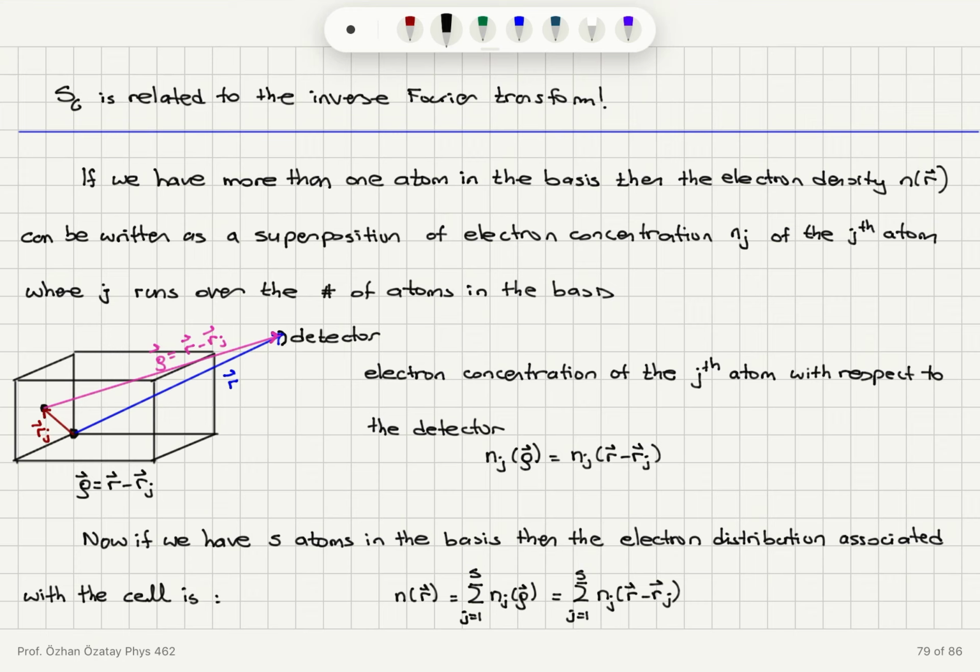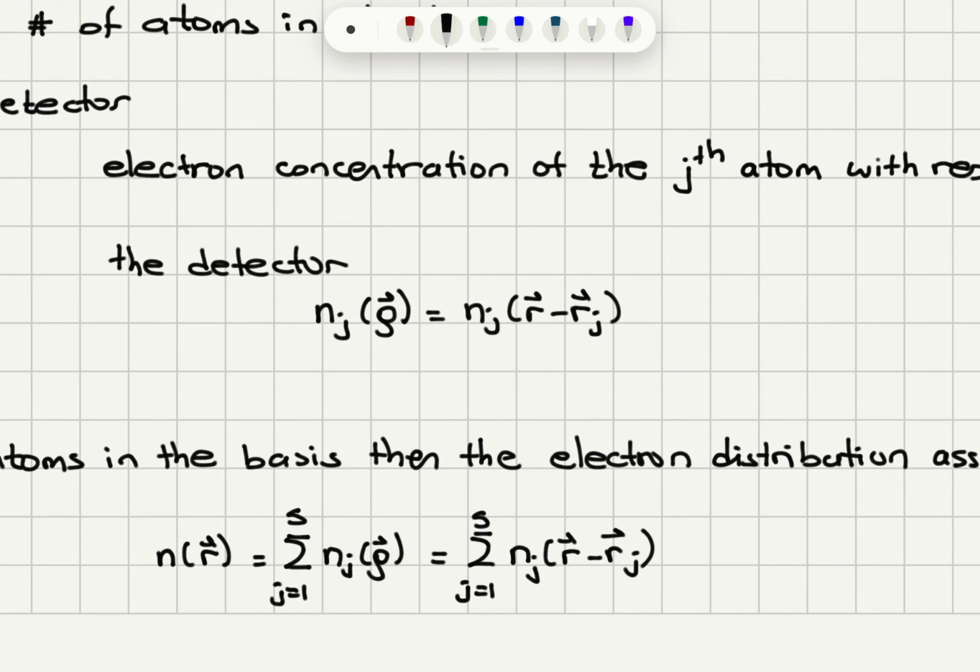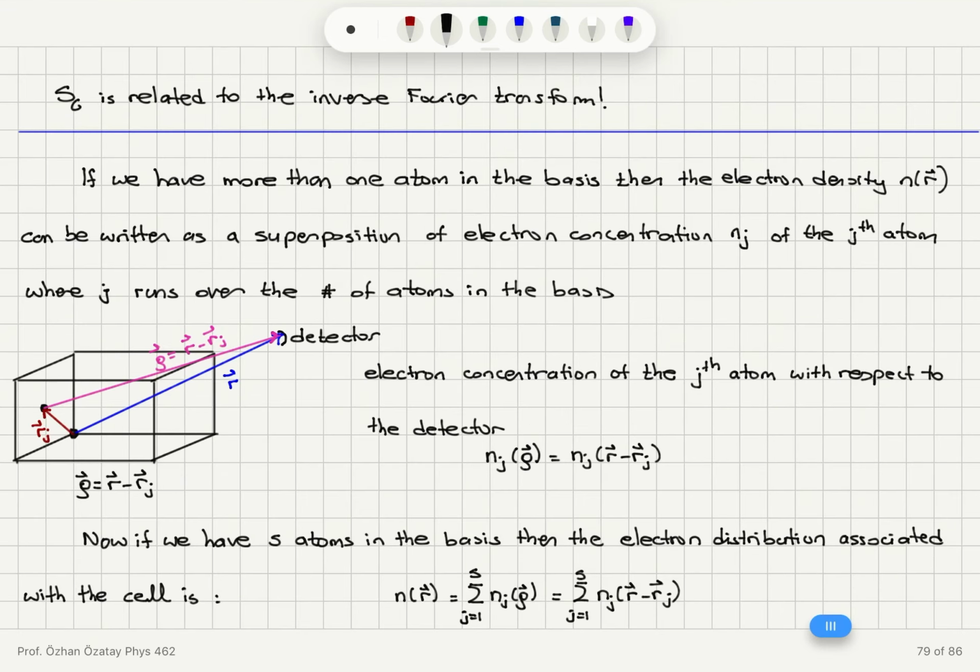So it will be the sum from j equals 1 to s, the number of atoms in the basis, of n sub j of rho.